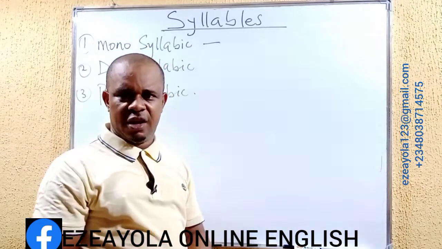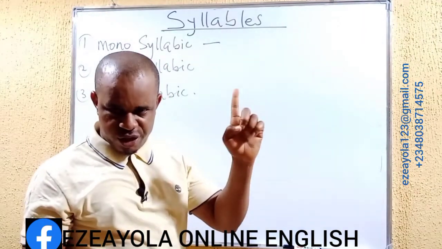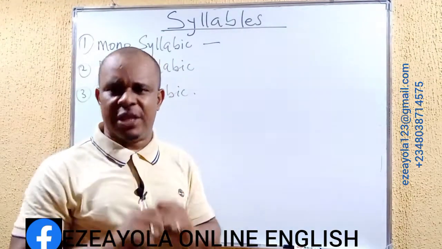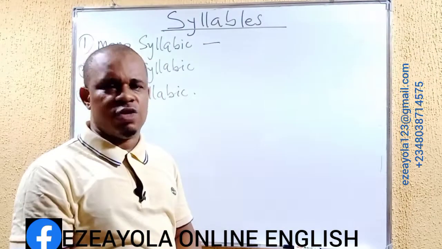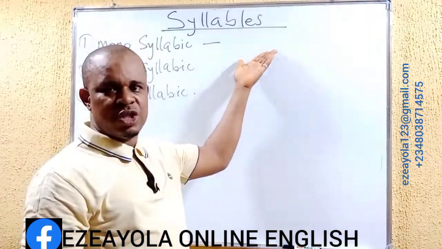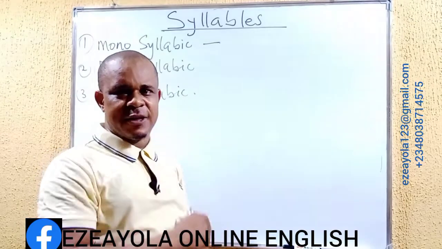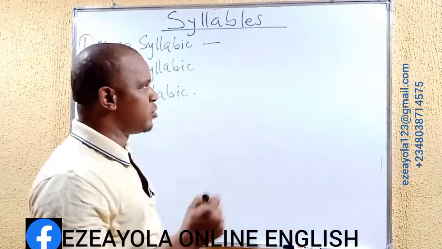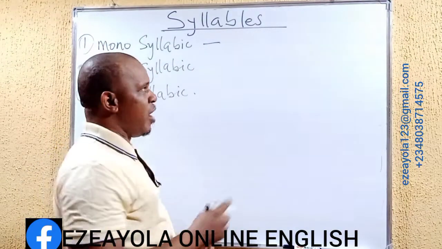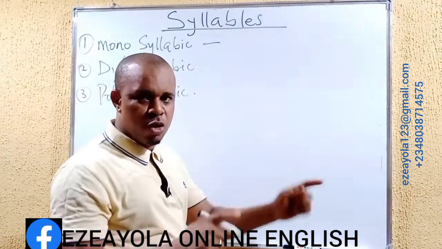But not every English word can we do that with. There are words that are monosyllabic, such words that cannot be divided into different syllables. Let's take some example words that are monosyllabic.